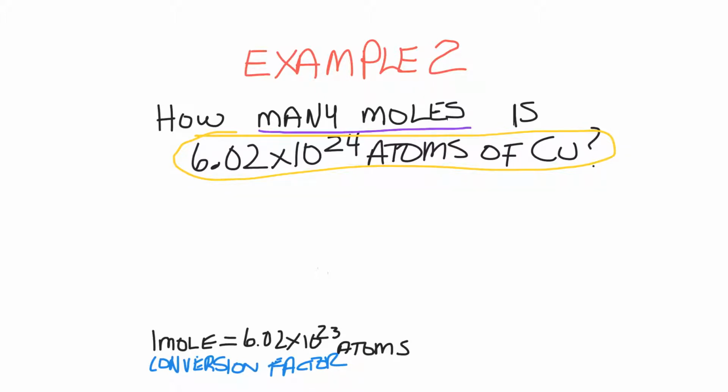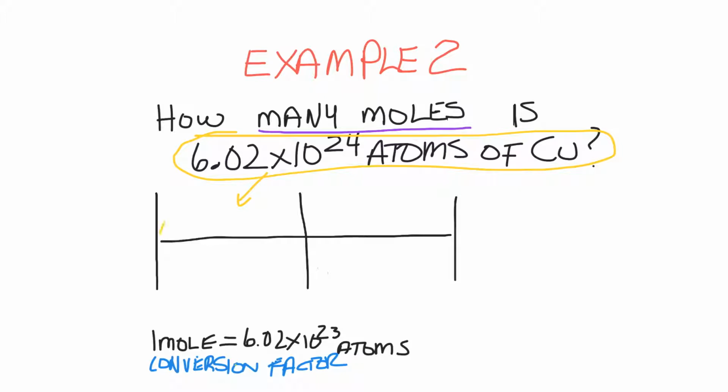Now it's a simple matter of setting it up correctly using the picket fence method, doing the math, and we should be all set. So we have to draw our picket fence. So let's do that right here. And we have to write in all our things. So what am I given? That goes here, and that's 6.02 times 10 to the 24 atoms.